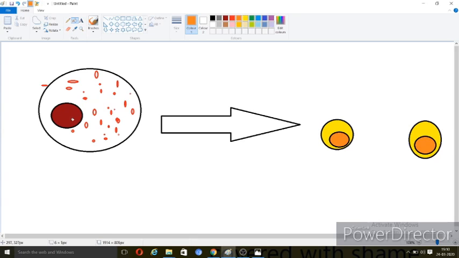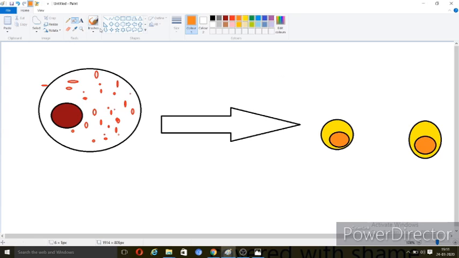The nucleus is very small compared to the cytoplasm in one, and the nucleus here is larger compared to the cytoplasm. So in this way, we can differentiate between the mother cell and the daughter cell.